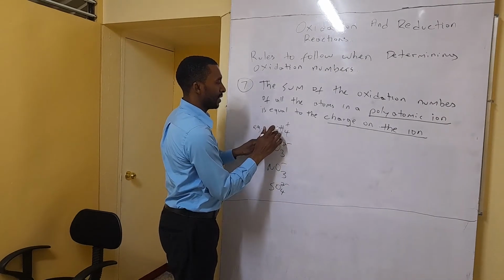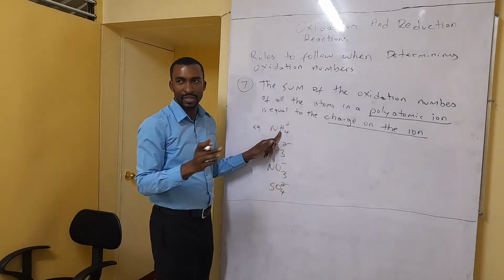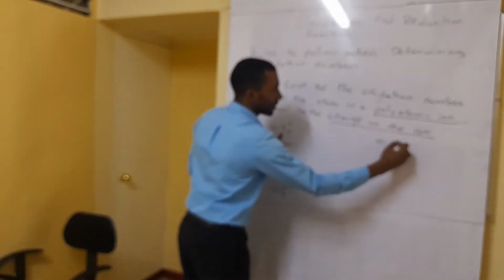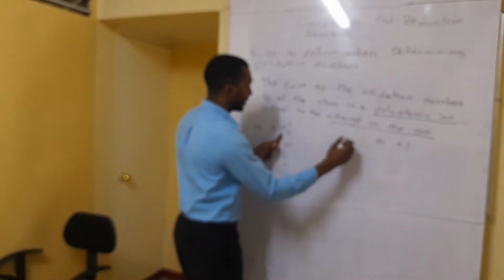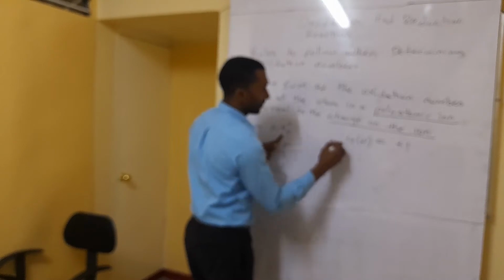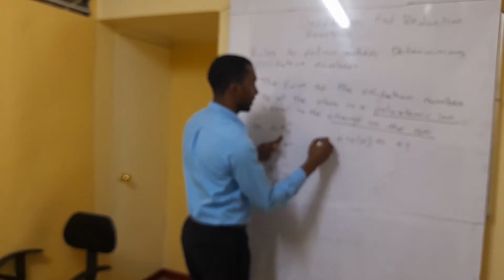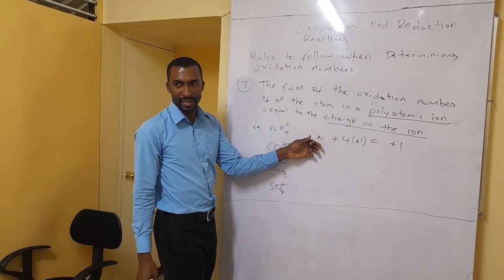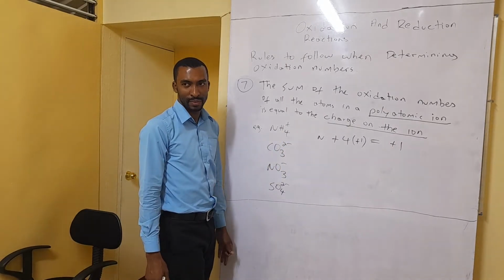If for example, we know that hydrogen is always +1 except in metal hydrides, alright? So we know that the overall charge is +1, hydrogen is 4 times +1 plus the nitrogen. So we need to find the number for nitrogen. These are the things that we're going to work out soon.